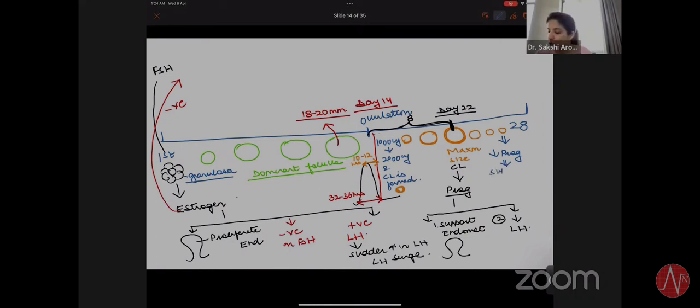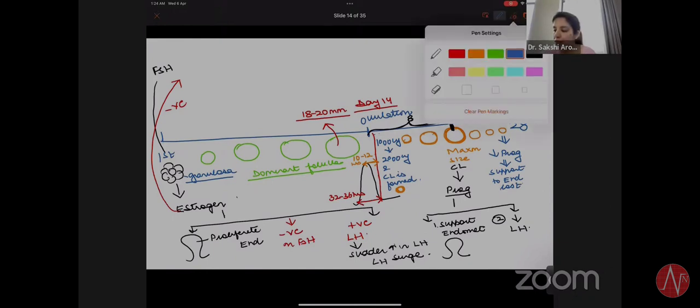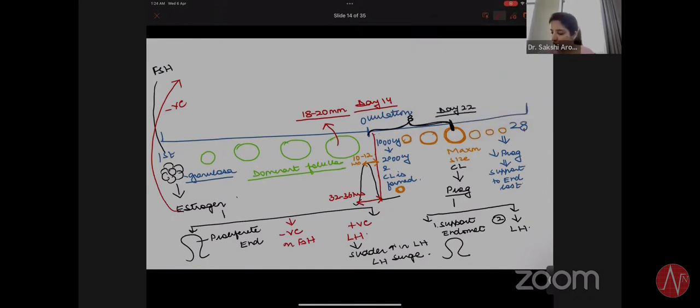So support to endometrium is lost. And because support to endometrium is lost, day 28 पे, the entire endometrium will shed. In other words, the female will menstruate.